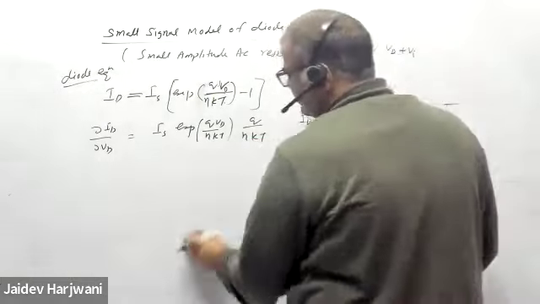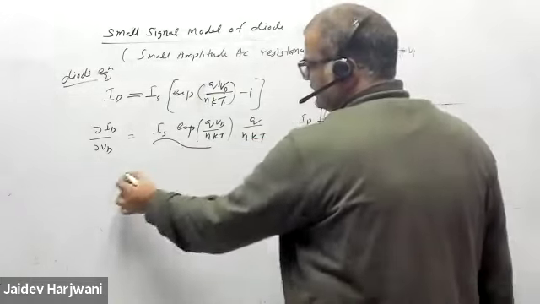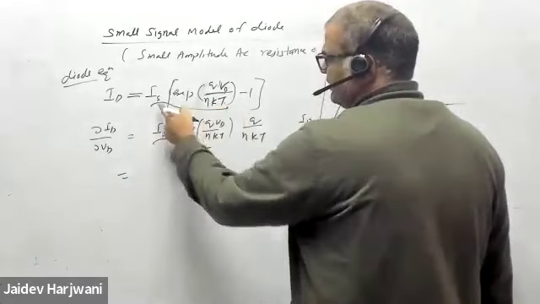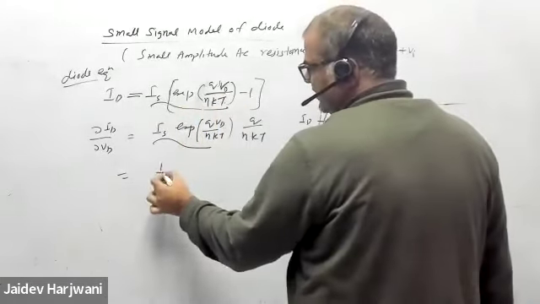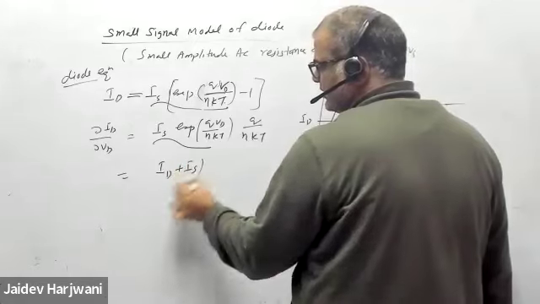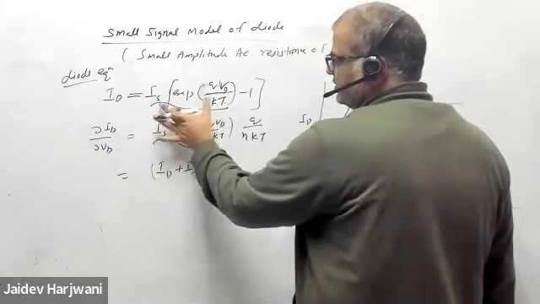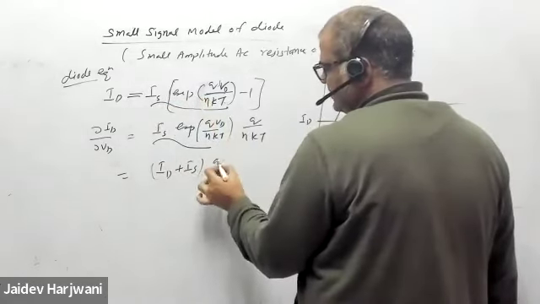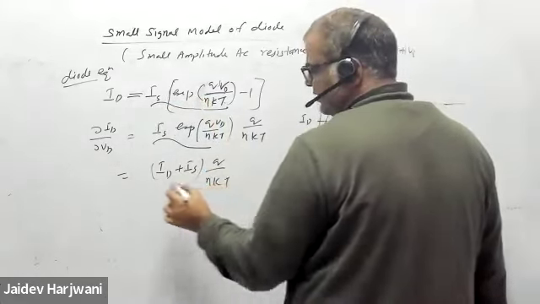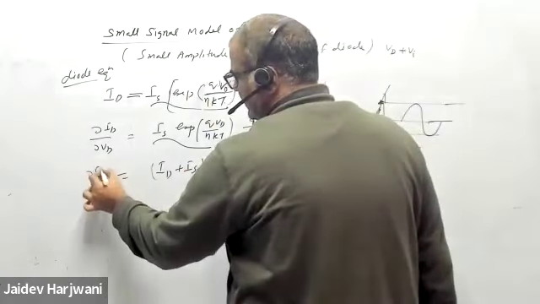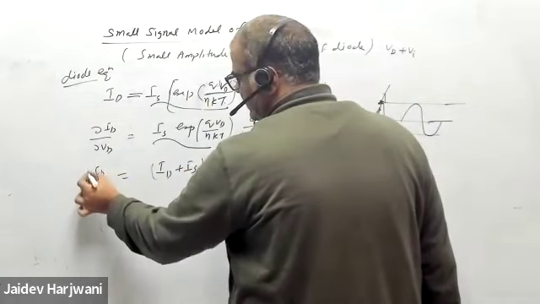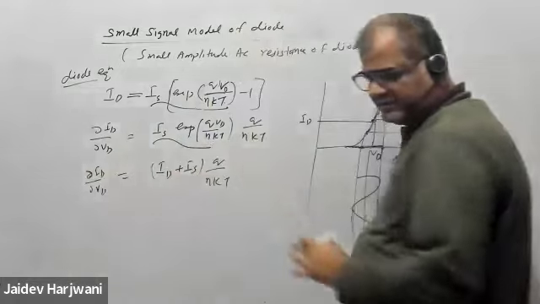Multiply this one. So I can write this as ID plus IS, from this expression. Putting this value from this equation, this will become delta ID upon delta VD equals ID plus IS times Q upon eta KT. Are you comfortable with this?